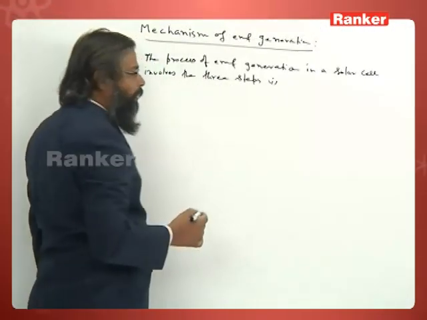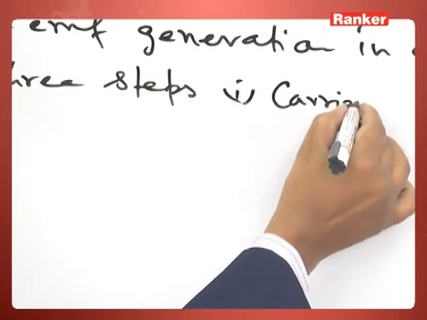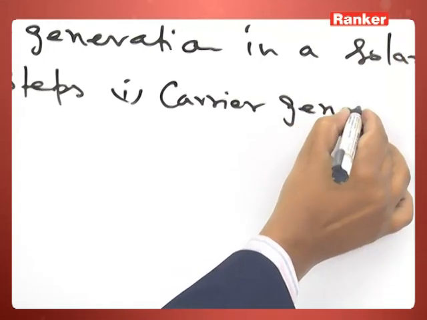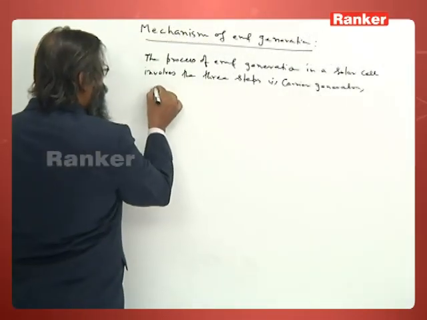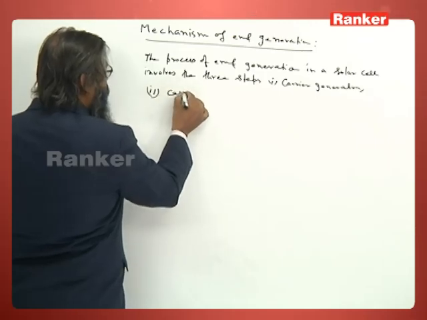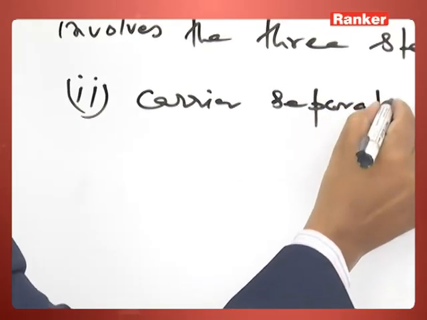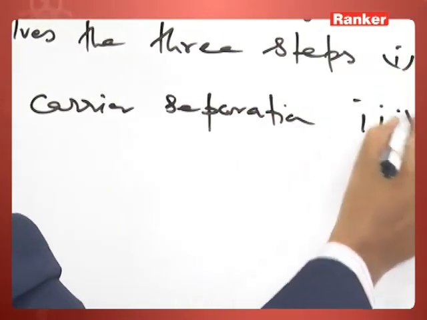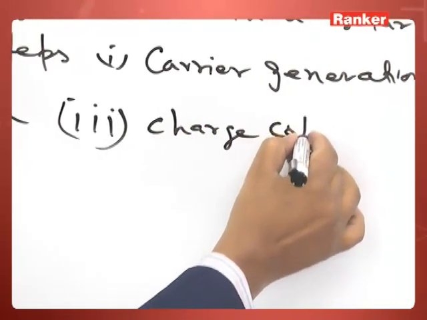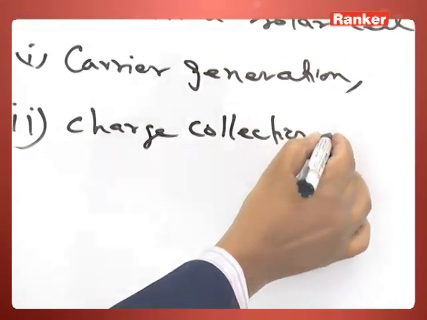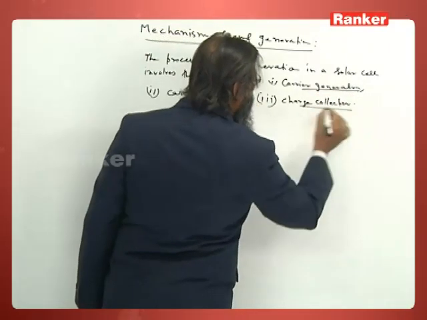Number one, carrier generation. Number two, carrier separation, and number three, charge collection. So first generation, then separation, then collection.